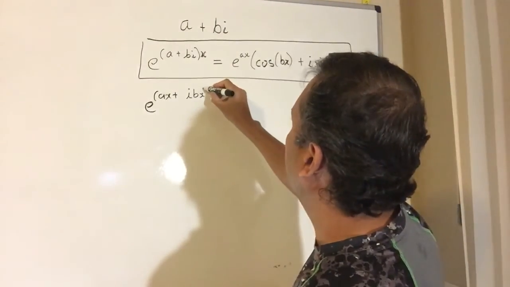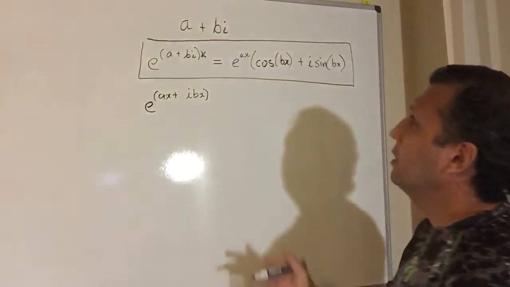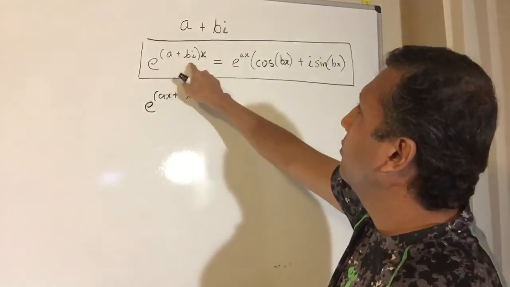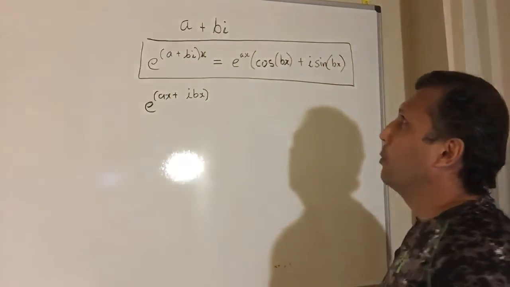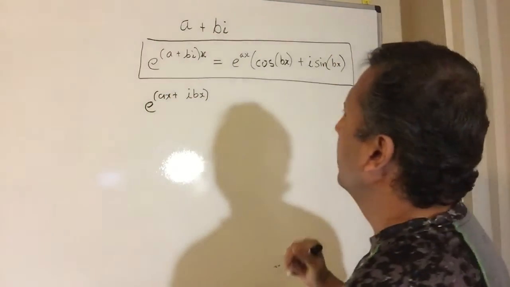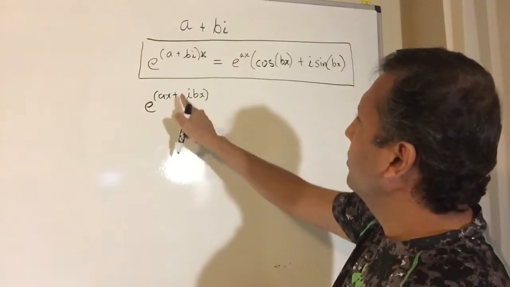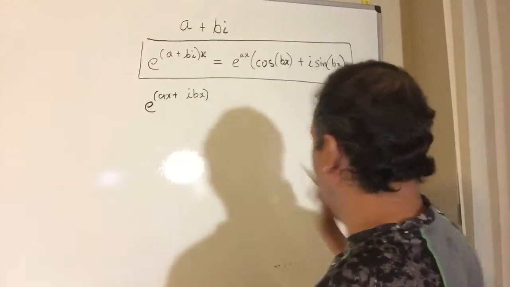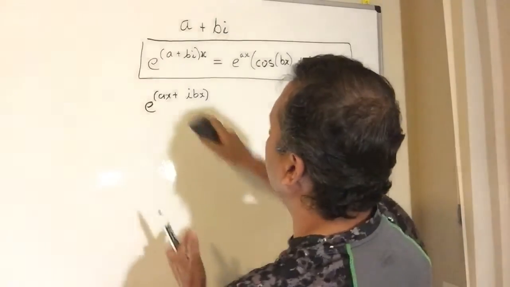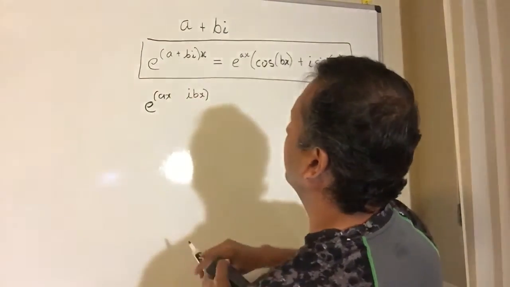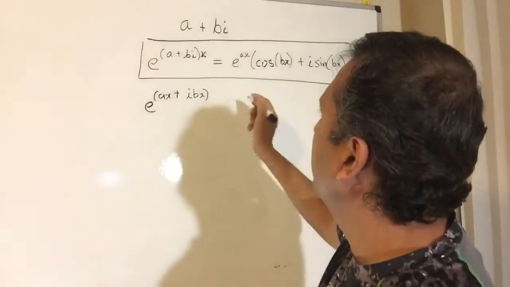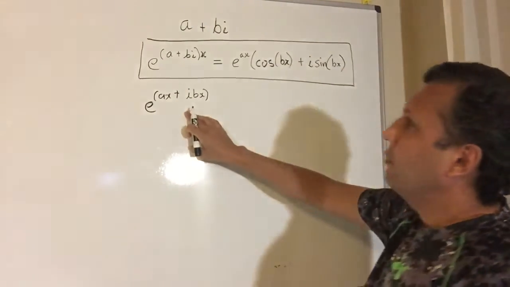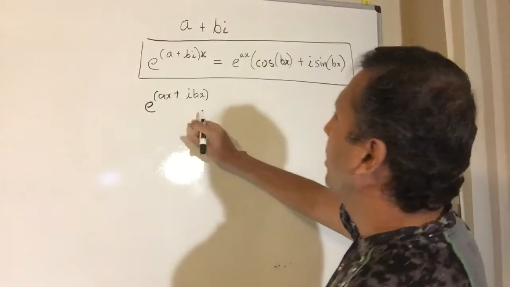So I distributed the x inside of this binomial. Okay, so now I have this. Let me write it a little bit better, because this plus sign looks like it's part of this ax, but it's actually separate.